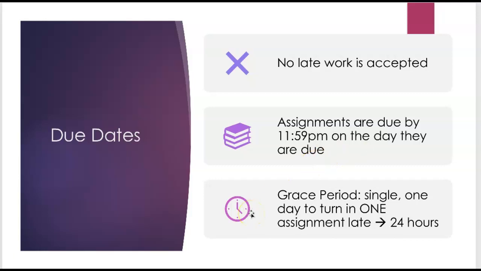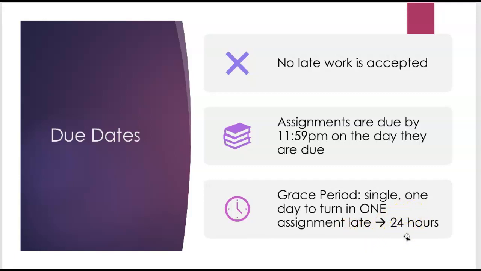However, I know that you are busy people, and I am not the only swan in your pond, so to speak. So while I say that I do not accept late work, every one of you is given a grace period. You have an opportunity, one time only, to turn in one assignment one day late. You get an extra 24 hours.